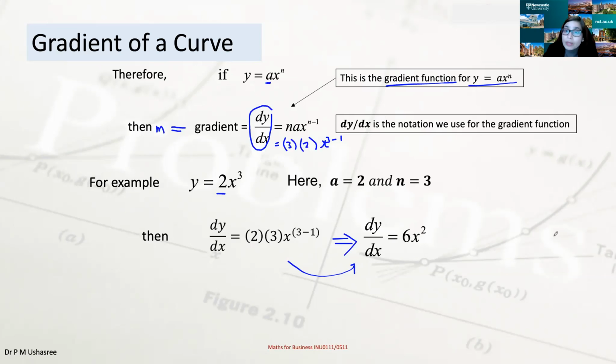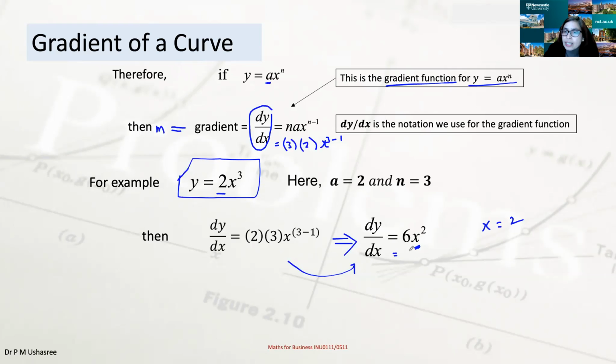So you have found the gradient at any point on the curve. Actually, this is a general equation for the gradient for this particular curve. So if you want to find the gradient at any point on the curve, just substitute the value of x at that point, and you will get the gradient at that point. If you have a curve and you want to find the gradient at x is equal to 2, then you just substitute.